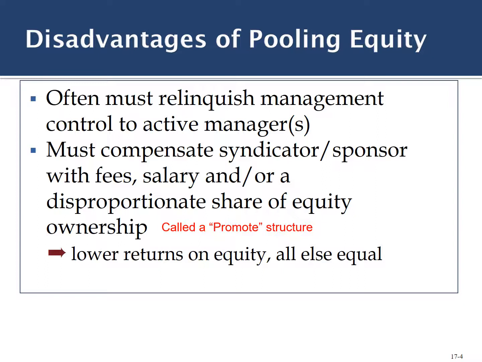It's just a disproportionate ratio of returns based on the amount of money put in at the beginning of the deal. So with all else being equal, a promote structure lowers the equity returns to the investors but increases the returns to the plan sponsor.